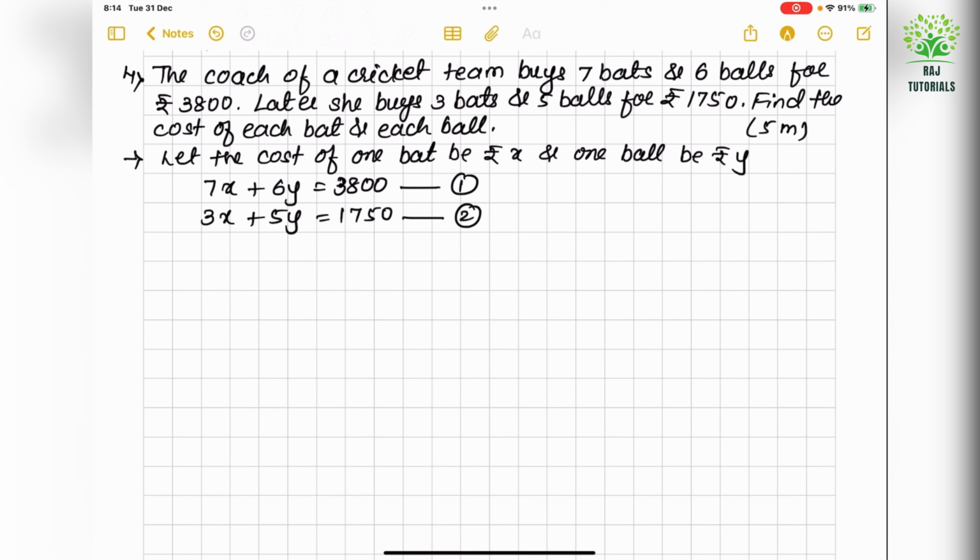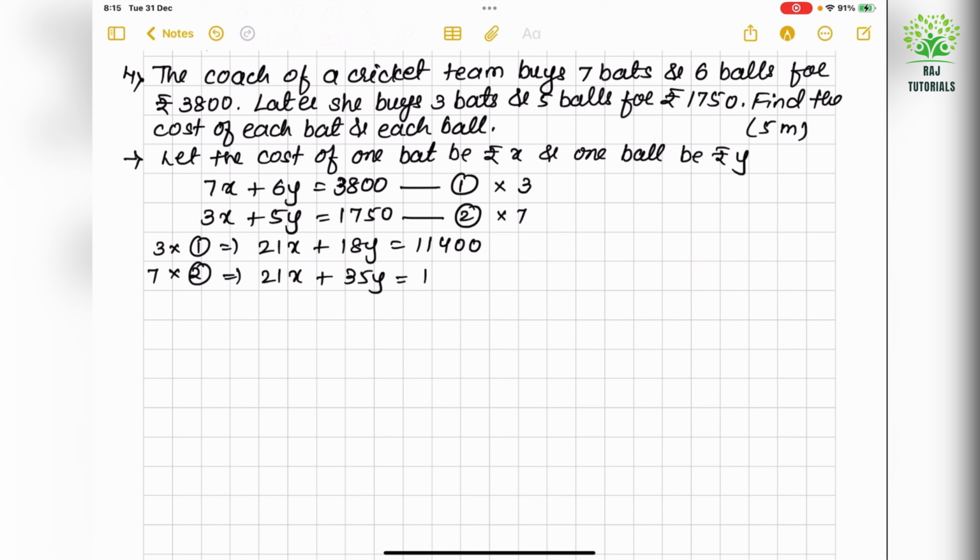Now if I multiply the first one with 3 and the second one with 7, so 3 into equation 1 implies 21x plus 18y equal to 11400, and 7 multiplied by 2 implies 21x plus 35y equal to 12250.